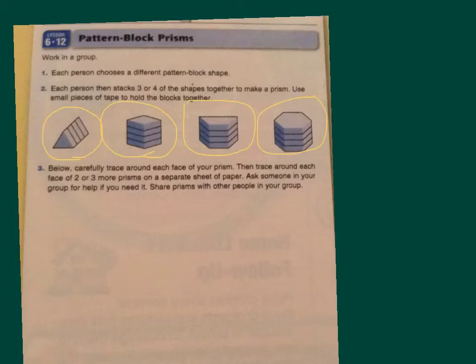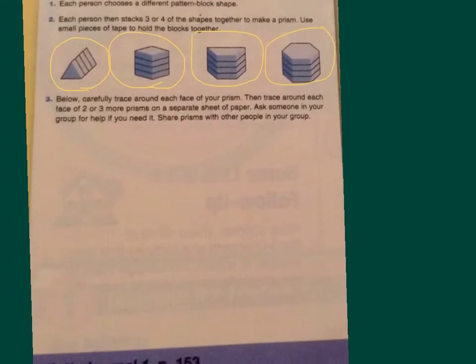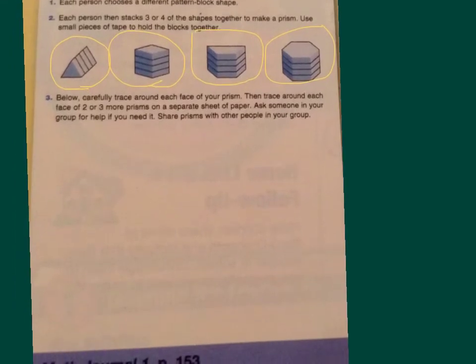Number 3 says, below, carefully trace around each face of your prism. Then trace around each face of 2 or 3 more prisms on a separate sheet of paper. Since we don't have that, what I would like you to do for this assignment is to draw, to the best of your ability, any prism of your choice.